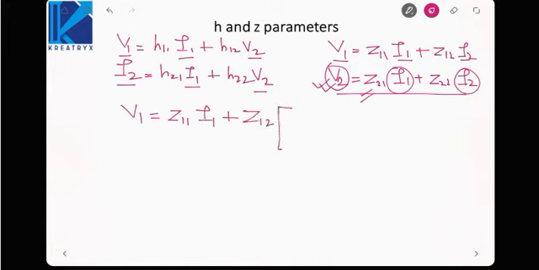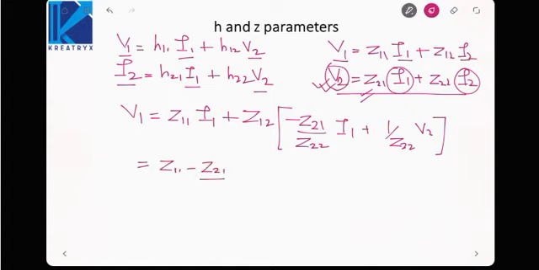Now the equation for I2 is minus Z21 by Z22 I1 plus 1 by Z22 V2. So it will be equal to Z11 minus Z21 by Z22 Z12 I1 plus Z12 by Z22 V2.